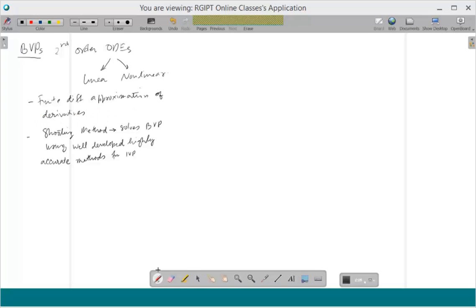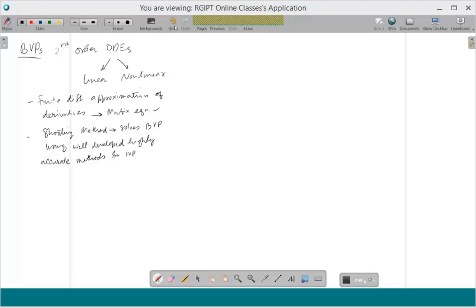Then you get a finite difference equation that leads to a matrix equation, and that you can solve. The shooting method is a completely different approach again. And the third approach will be the last approach in this boundary value problem that we'll discuss.